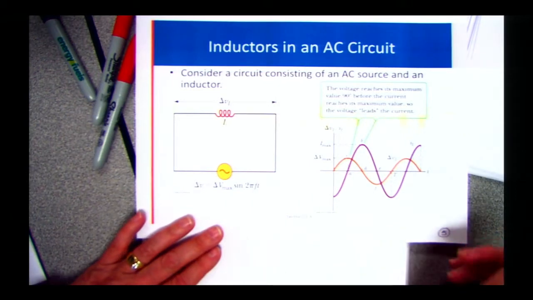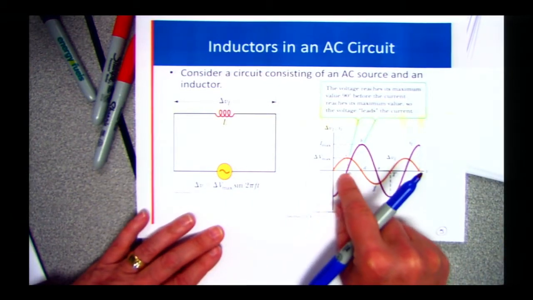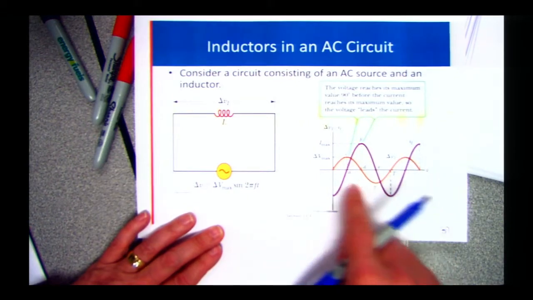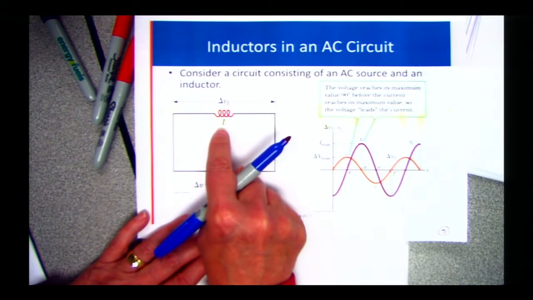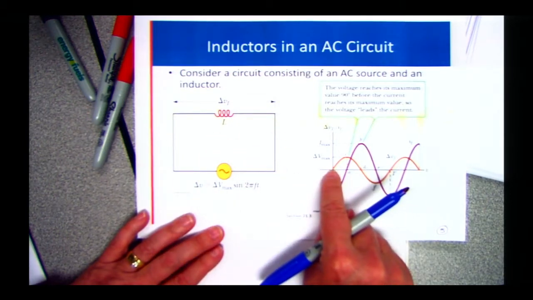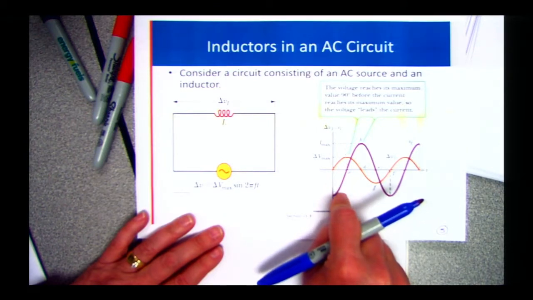Now when I do the inductor, remember, inductance is a resistance to change in the current. So the inductor is resisting change in the current. So it turns out that my voltage is going to lead the current by 90 degrees.